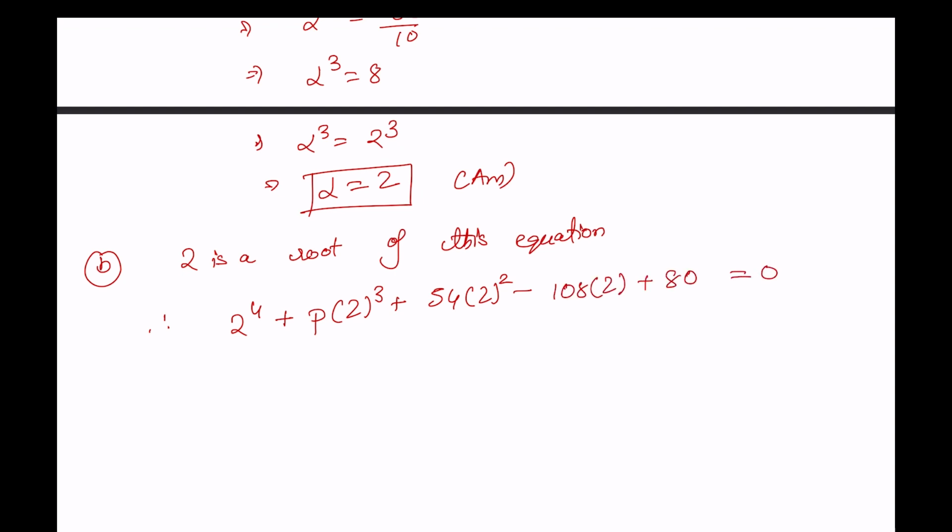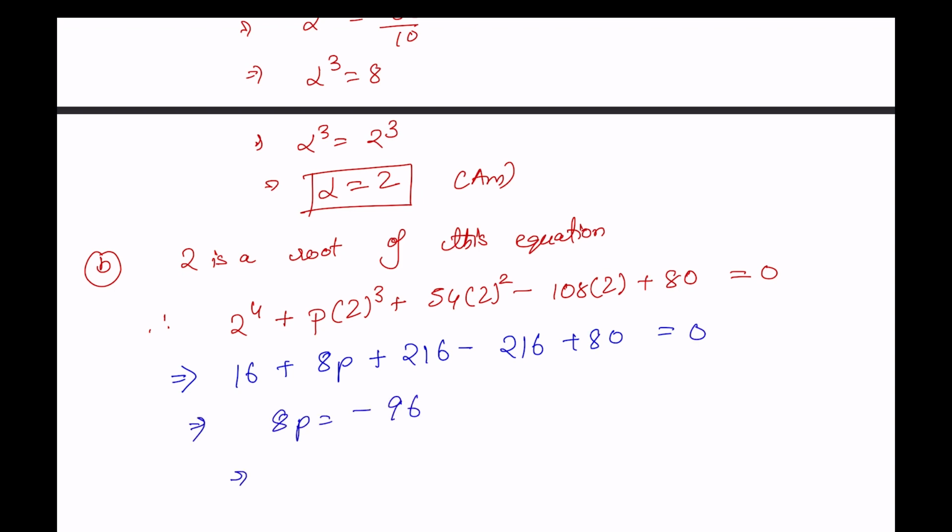This equation should be equal to 0. Now 2 to the power 4 is 16 plus 8p plus 54 times 4 is 216, minus 216 again plus 80. These two will cancel out, so our 8p would be equal to minus 96. So from here I can say that p will be equal to minus 12, which is basically the answer to this question.